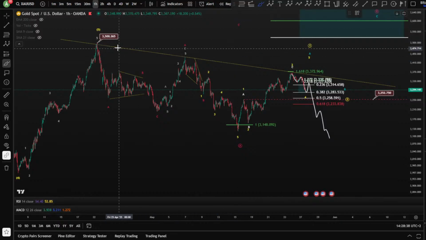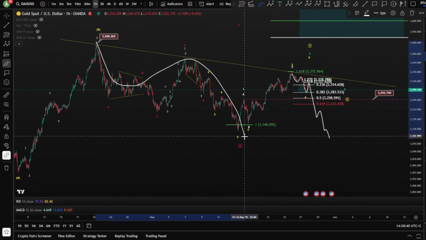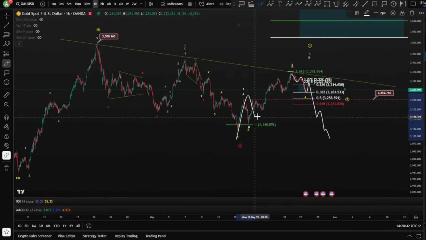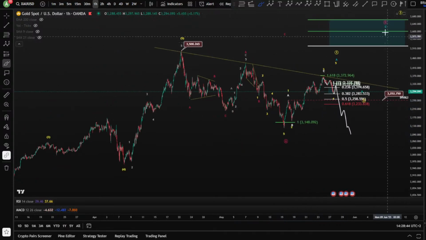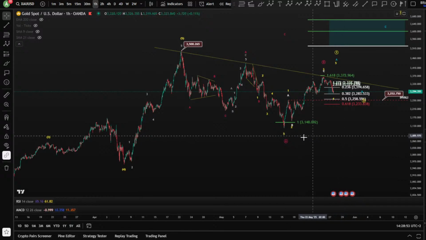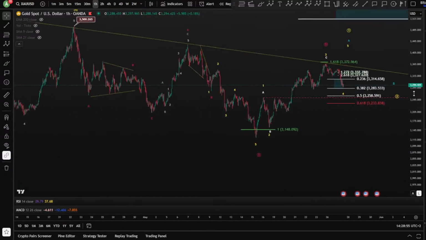So the bearish scenario is, of course, three waves for a wave A, and then ABC for a wave B, potentially finished in case of bearish. And we are looking at double 1, 2s here, 3, 4, 5, 4, 5. This is bearish. The bullish scenario is that you have finished in the blue box here, right?